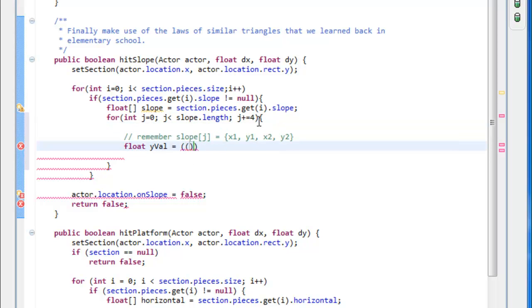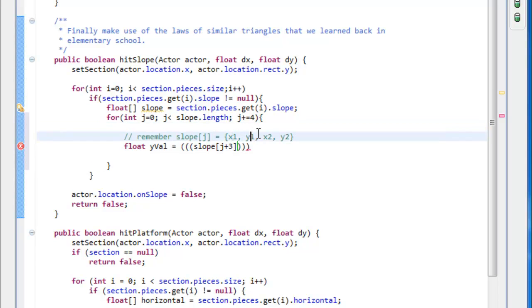So slope j plus 3, and again just refer to this. This is 0, 1, 2, 3.